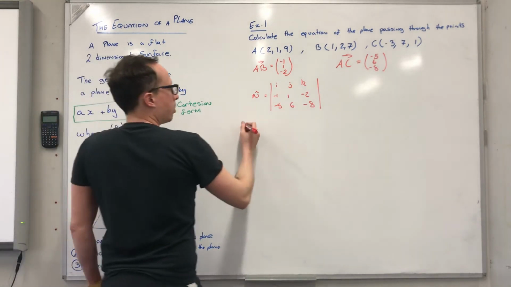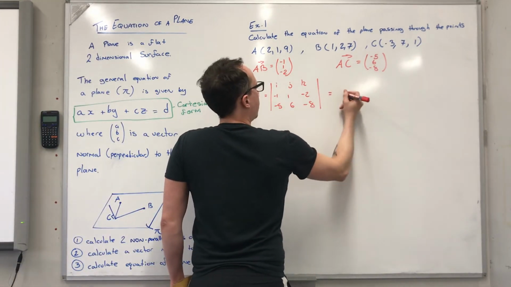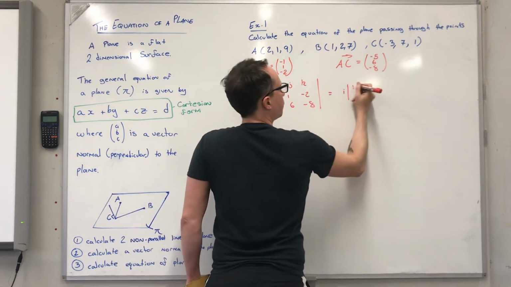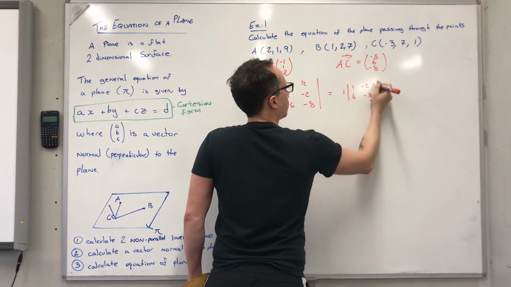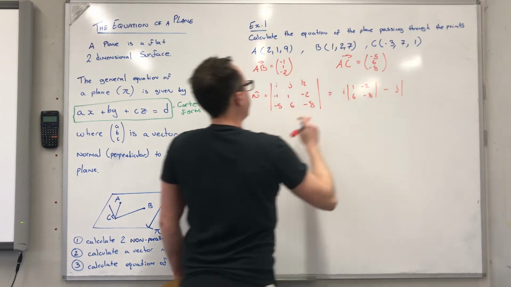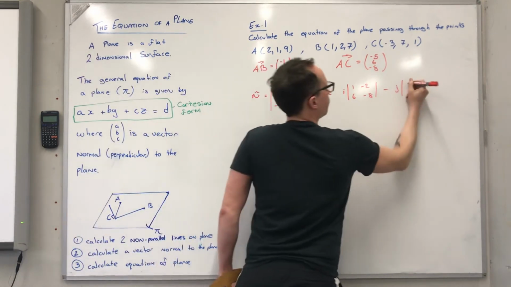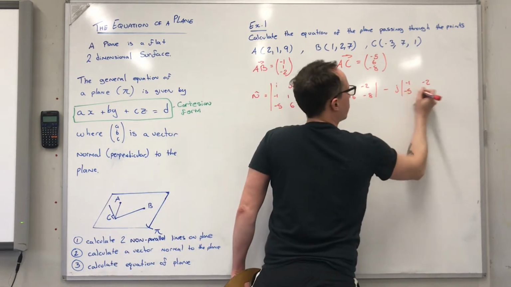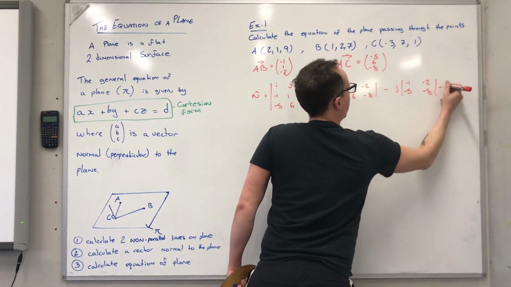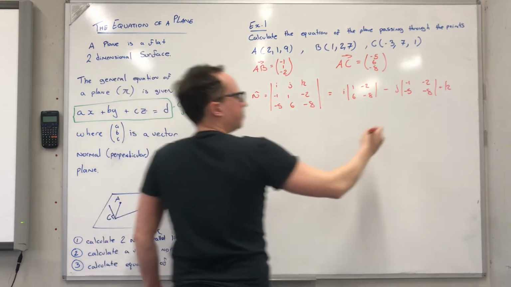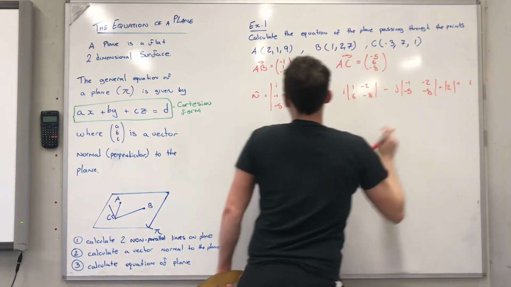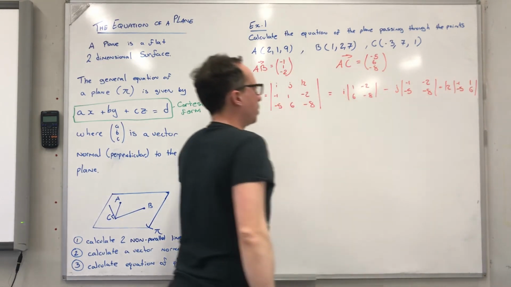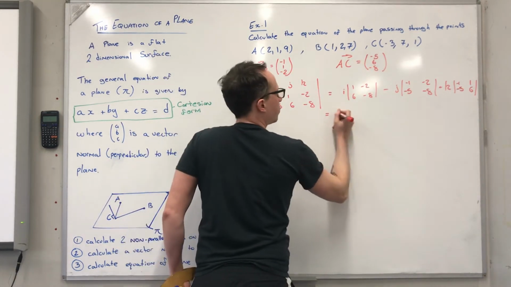So then breaking that down, we get i times the determinant of 1, negative 2, 6, negative 8, minus j times the determinant of negative 1, negative 2, negative 5, negative 8, plus k times the determinant of negative 1, 1, negative 5, 6. Okay, and then we can calculate that.